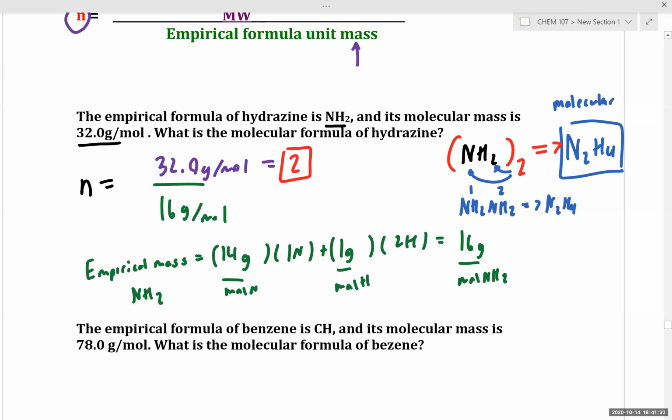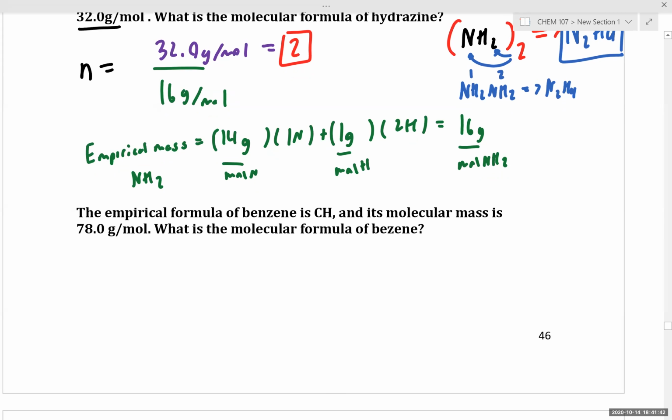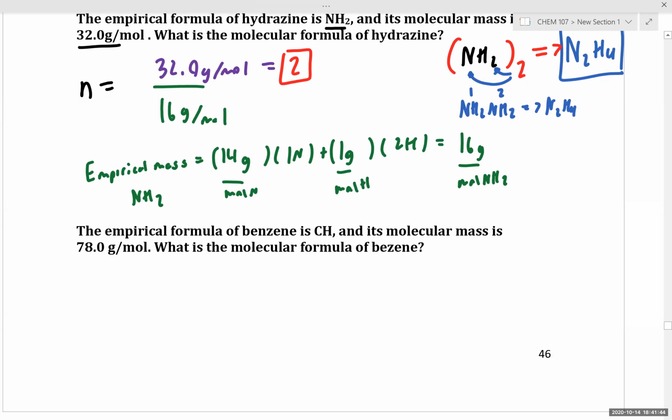So, to make sure everyone's comfortable calculating the molecular formula, I'd like you to look at the following example. The empirical formula of benzene is CH, and its molecular mass is 78 grams per mole. I'd like you to calculate the molecular formula of benzene. Let's take about 3 to 4 minutes to work on this example, and then we'll discuss.